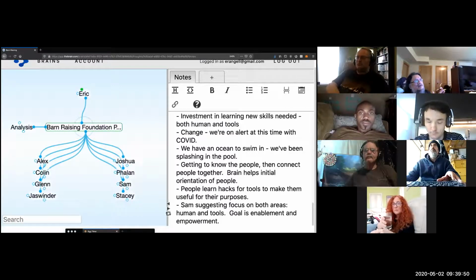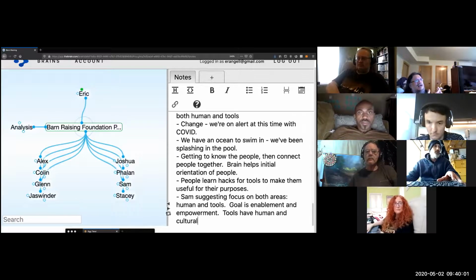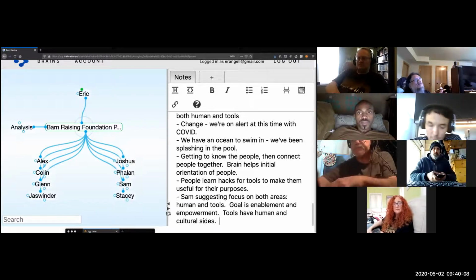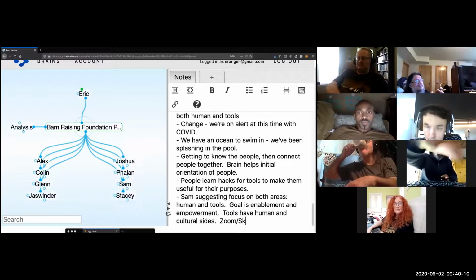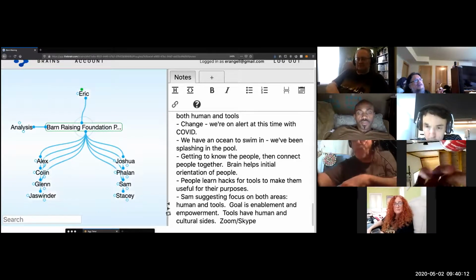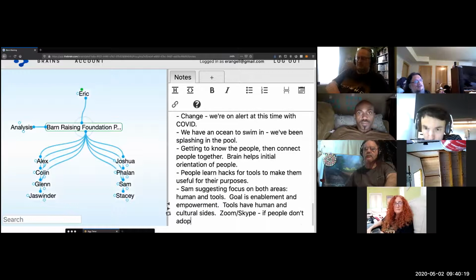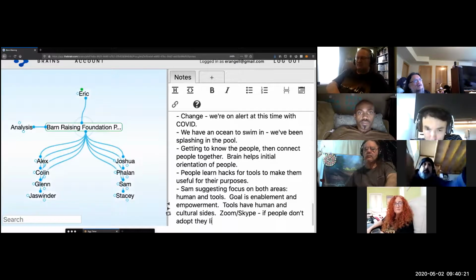If you see people introduce tools without understanding the human cultural side, or on the people side, if you say, oh, I just want to be able to have these conversations, and they disdain the use of even Zoom up until now, or Skype, or tools like MindMeister or Workflowy, then they can only go so far. And that's why I'm interested in people who recognize the value of both. Those are people I want to collaborate with.